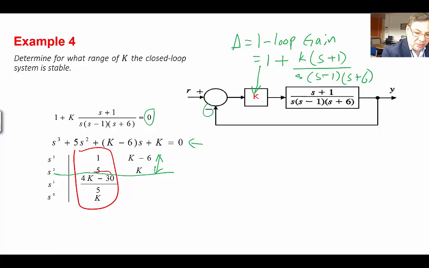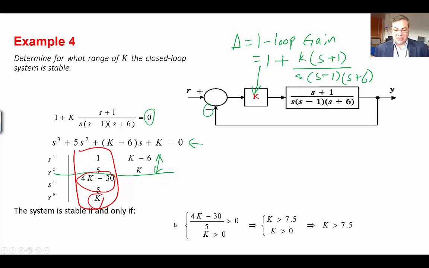So this has to be positive and this has to be positive, which means the system can be stable if this part is greater than 0 and k is greater than 0. And when you solve, it will give you k greater than 7.5, which is obviously greater than 0, i.e. this is the condition that gives you system stability. This is yet another useful application of the Routh-Hurwitz criterion.